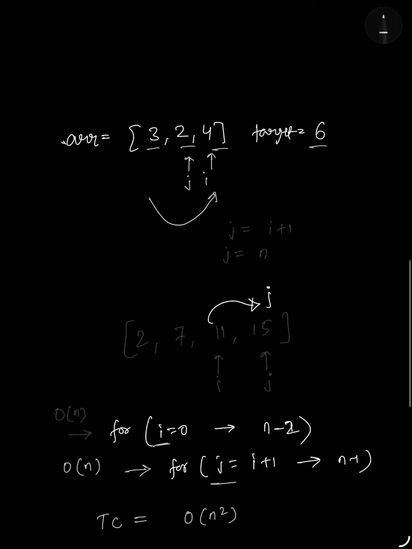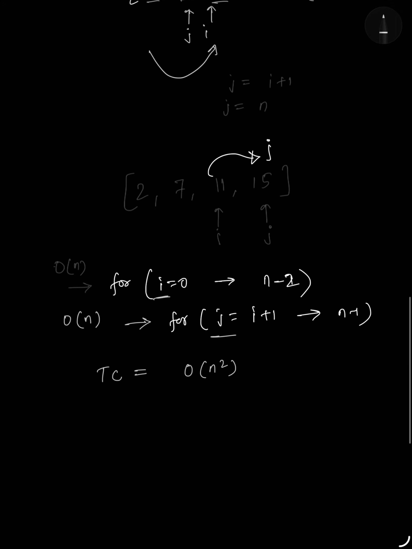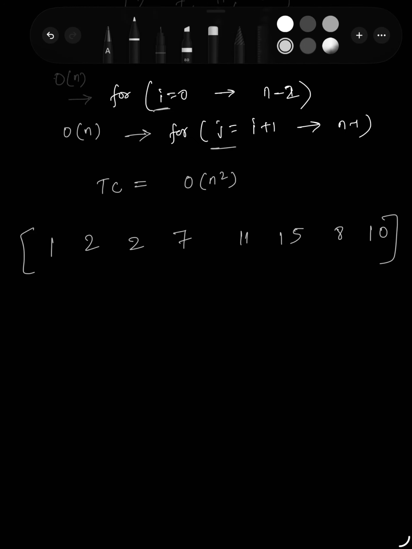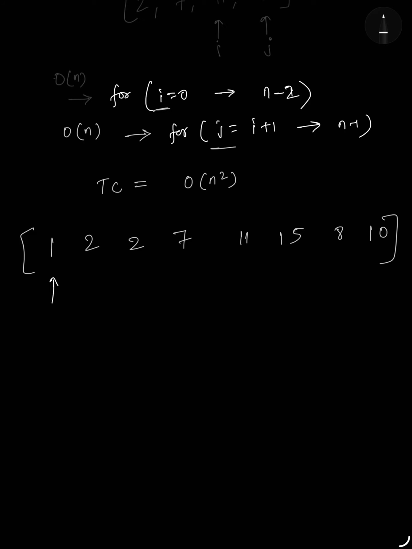Why n square? Because suppose you are at this position i, and you have 2, 7, 11, 15, 8, 10 like this, and a few more items here, 2, 1. So suppose this is the given array and we have our i position here.